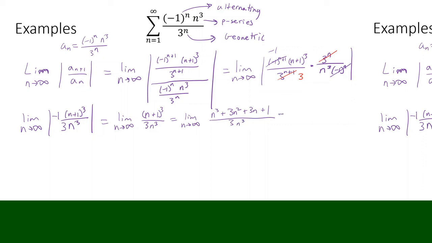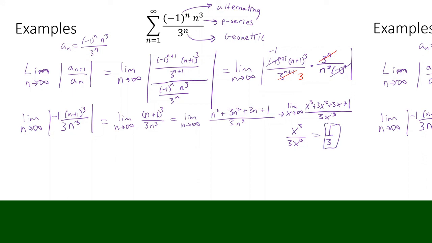And then all we have to do is remember I can turn this into a Calc 1 limit by going to x's, and then I compare top to bottom, highest powers, which is 1/3.